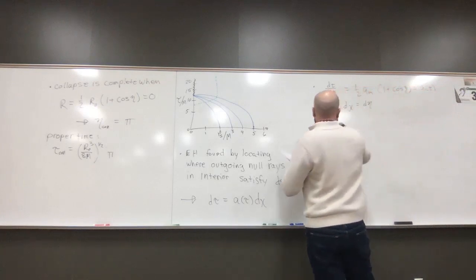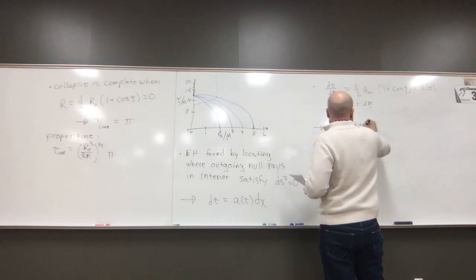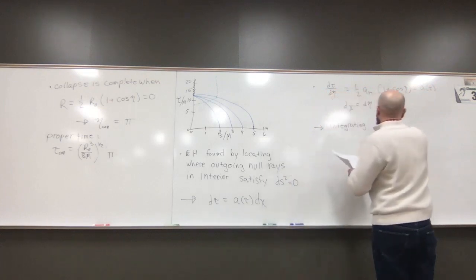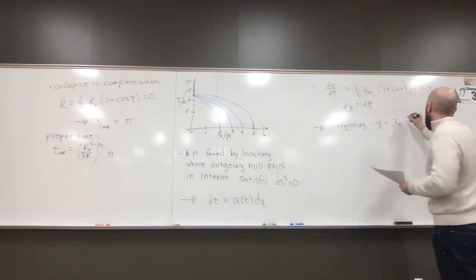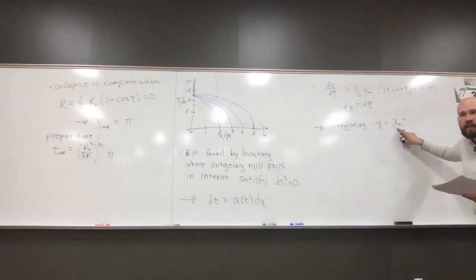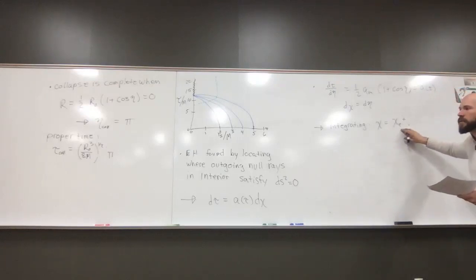So integrating, we get the following, which is chi is equal to chi of whenever the light ray was emitted, chi naught. I'm not calling it chi naught because I don't want to confuse you with the surface.